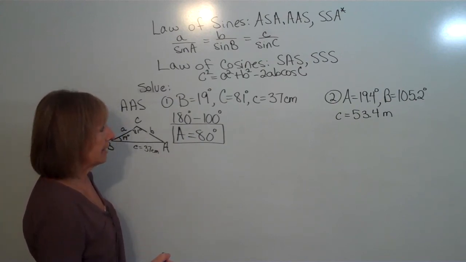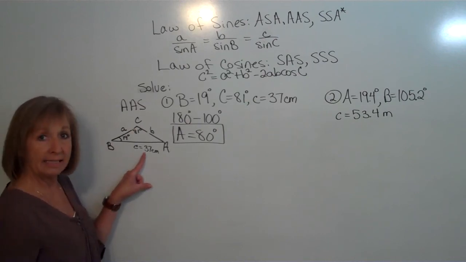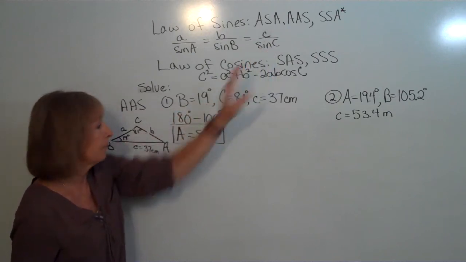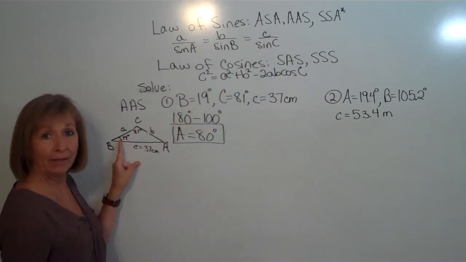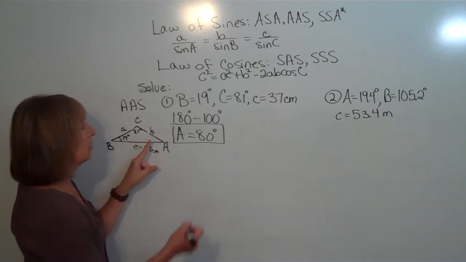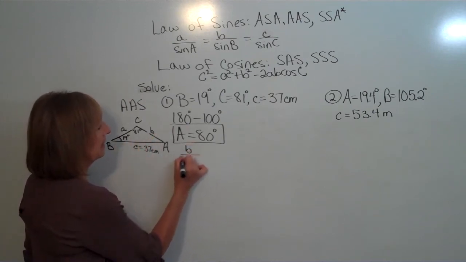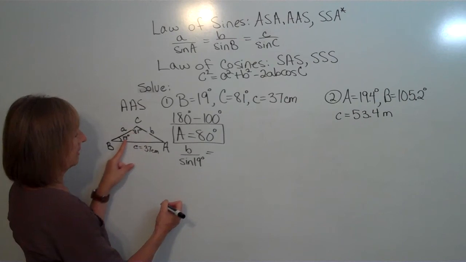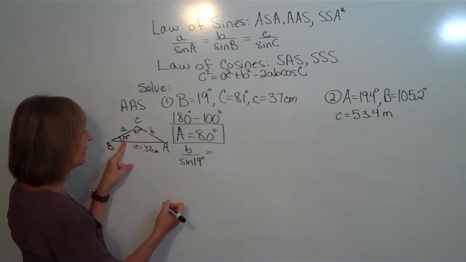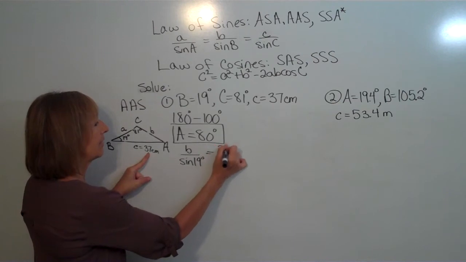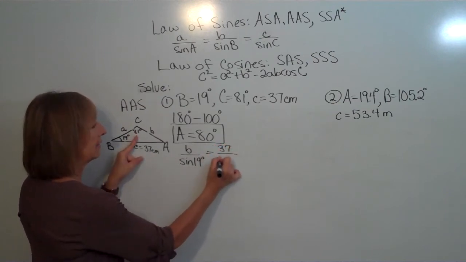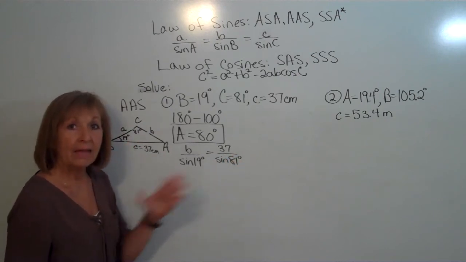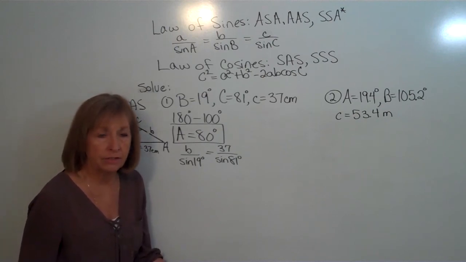Now next up for the sides. I already know side c and I already know angle C. So I'm going to use that as one of my pairs in my ratio. And I already know angle B, so I can find side b. So we're going to do side b is to the sine of 19 degrees as side c, 37, is to the sine of angle C. And then I just use my properties of solving equations from here.